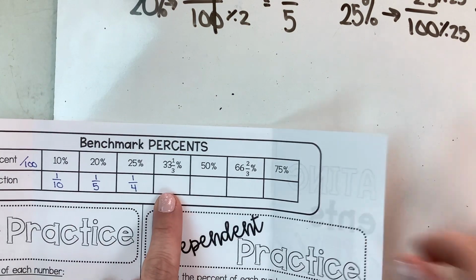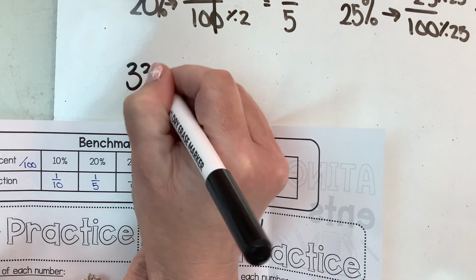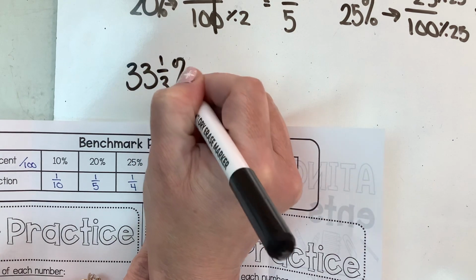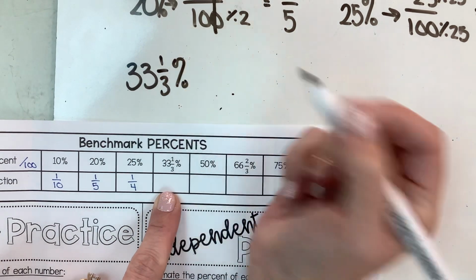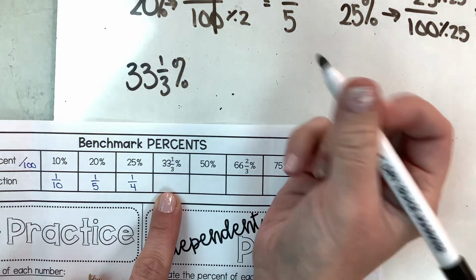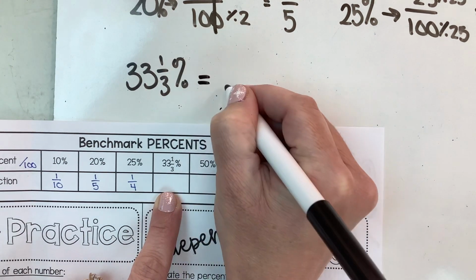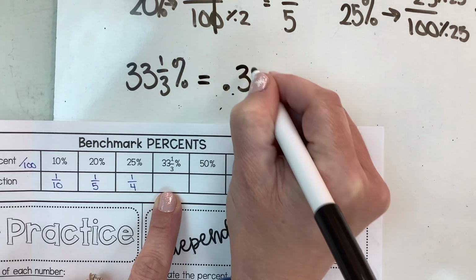So for instance, this one, 33 1/3%, okay, is kind of rather yucky, right? But I know that this would be 0.33.